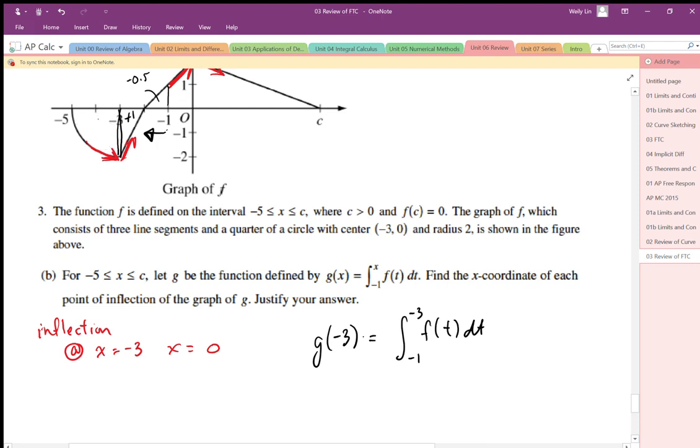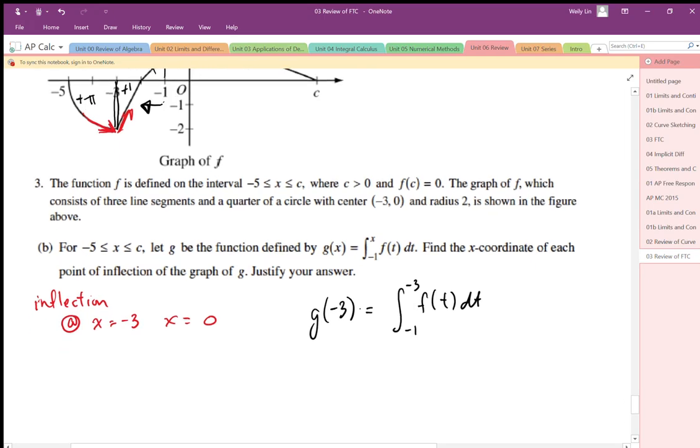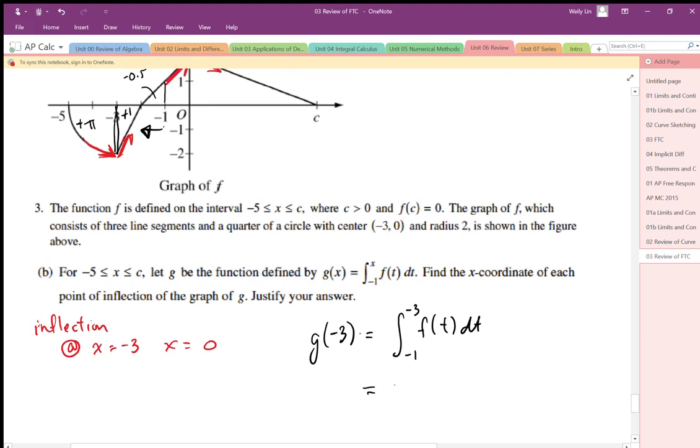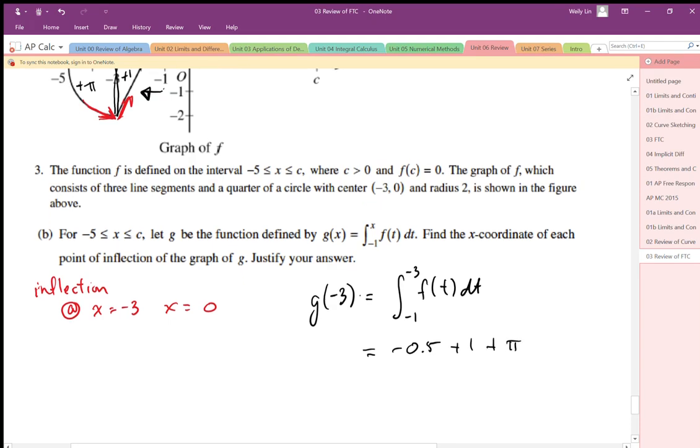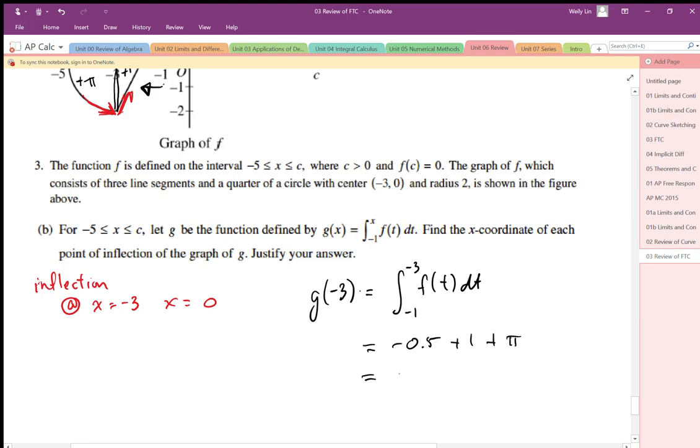The circle is 4 pi, so this is going to be negative, but it's underneath, going backwards, so it's going to be positive area. So g of -3 is going to be -0.5 plus 1 plus pi, which works out to be pi plus 0.5.